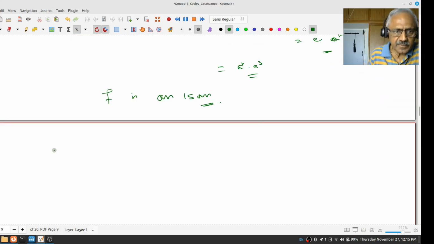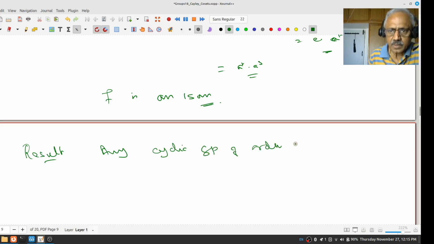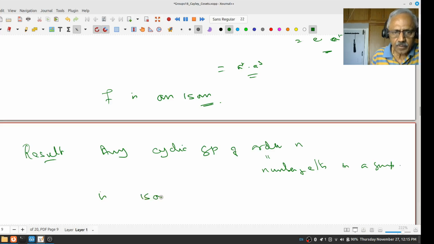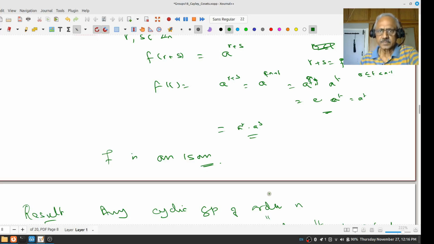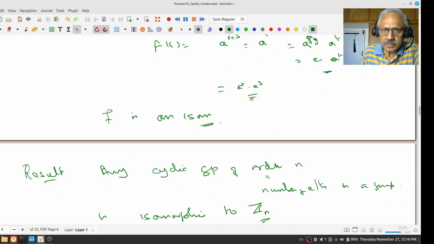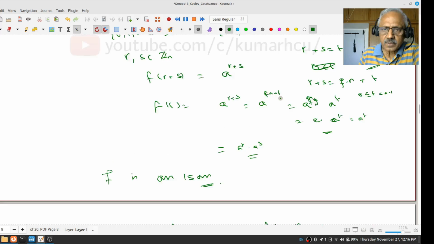So, what is the takeaway? So, the important result is any cyclic group of order, meaning number of elements, order n, is isomorphic to Zn, because by this, okay, please remember we are using law of exponents.